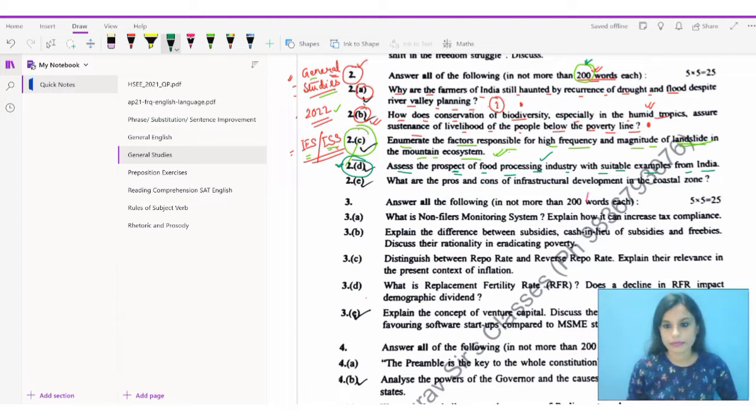Here I'm not going to write exactly 200 words, rather I will be giving you the points that you can write over here, and the rest of the explanation you need to write.